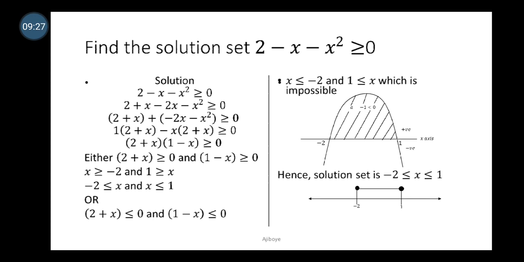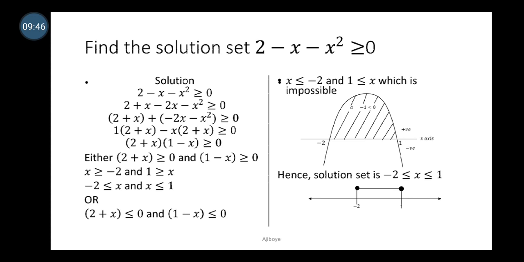Now, using the graphical method, it therefore means that the zeros of the quadratic expression are minus 2 and 1. So the graph will cut the x-axis at minus 2 and 1.